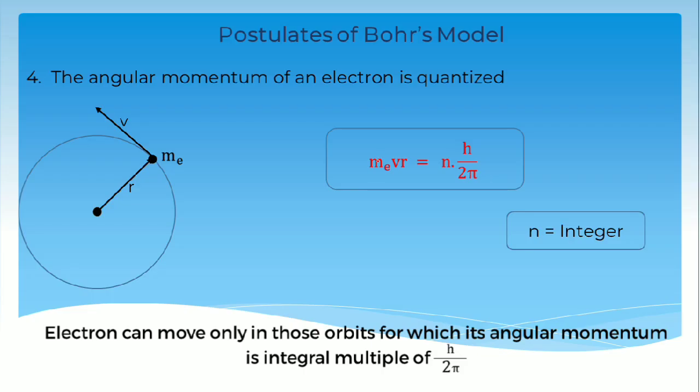Here m is the mass of the electron, v is the velocity of the electron, r is the radius, h is Planck's constant, and n is the principal quantum number.